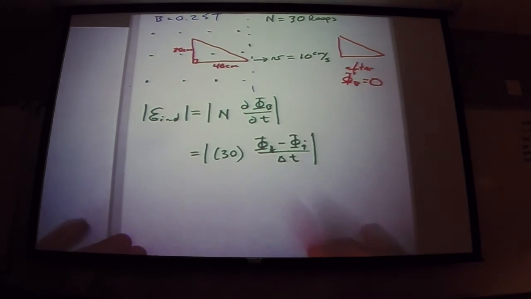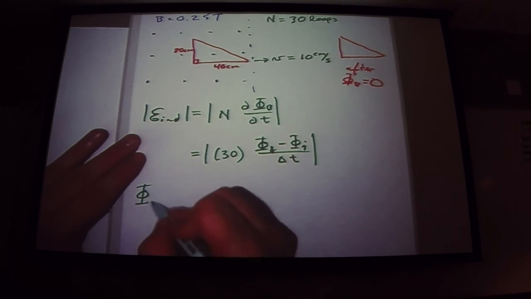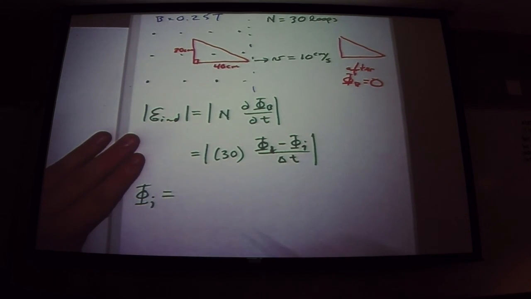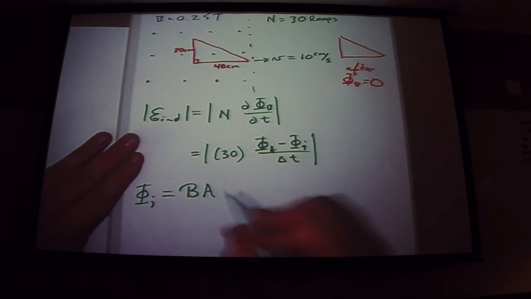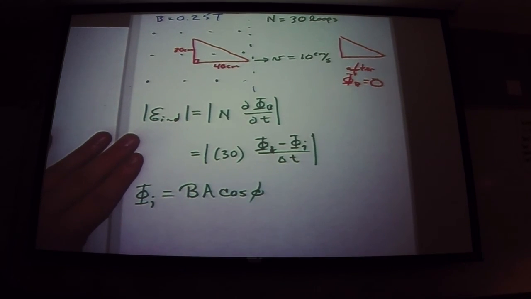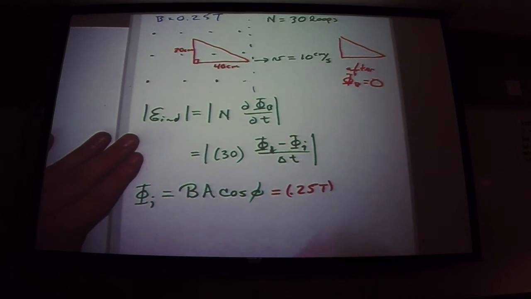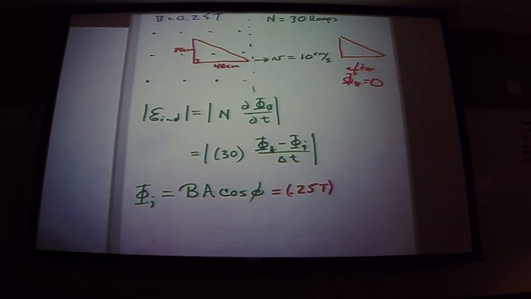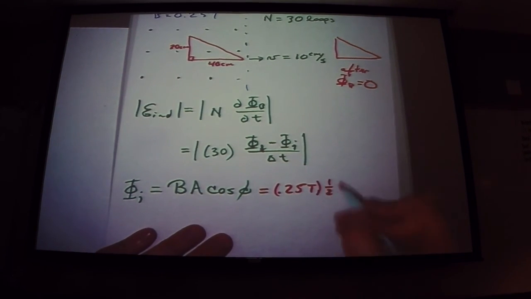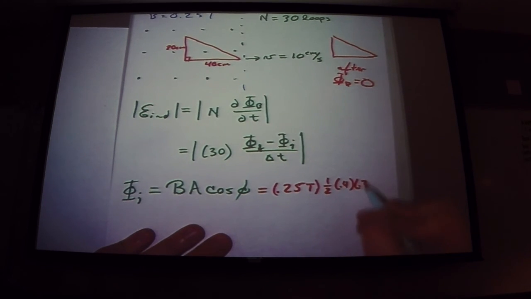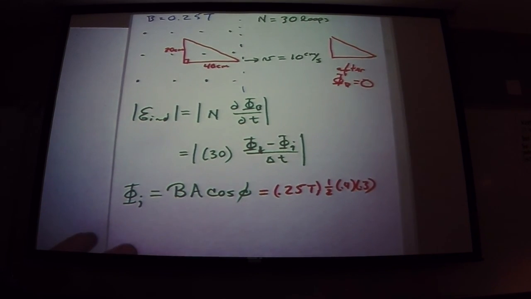My initial flux is the magnetic field multiplied by the area multiplied by cosine phi. Magnetic field here is 0.25 Teslas. How do I find my area? 1/2 base times height. So it's 1/2, 0.4 times 0.3. That's my area.